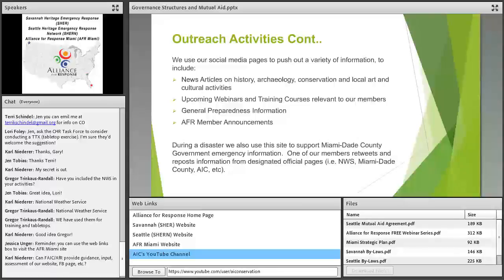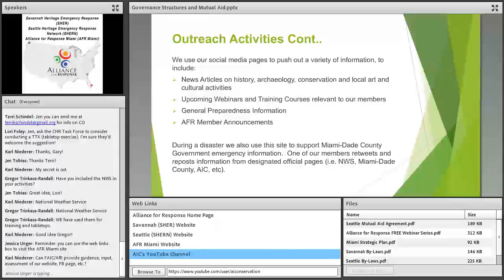During disaster, one of our Alliance for Response members takes over maintaining the website. I maintain it on a day-to-day basis, but during disaster, of course, I'm activated. I'm working in the Emergency Operations Center, and I don't have the time to maintain our site.